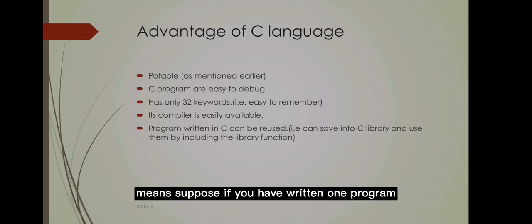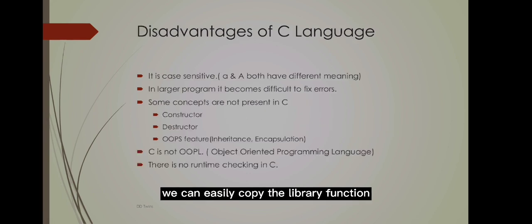Suppose you have written one program and saved it as a library function, then we don't need to copy the entire program when we write another program. We can easily include the library function and use it. This is the advantage of C language.